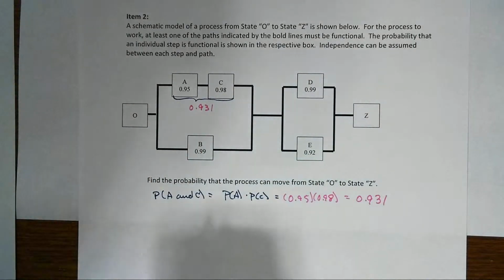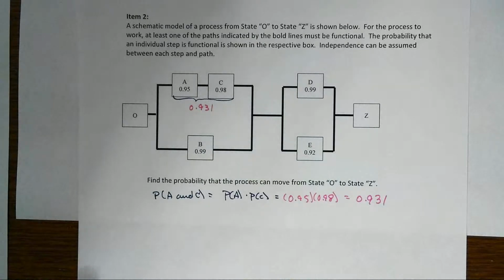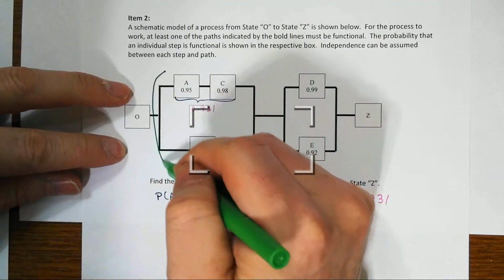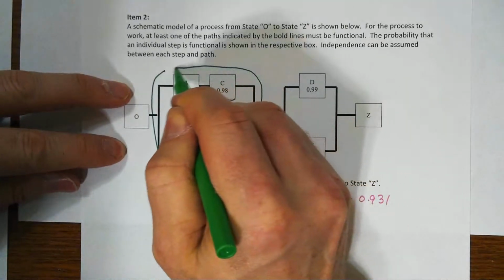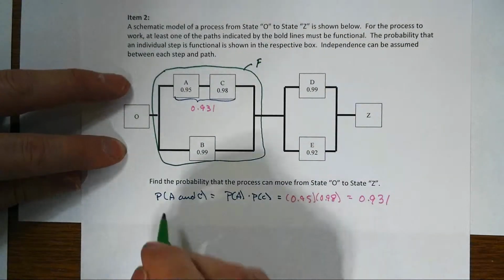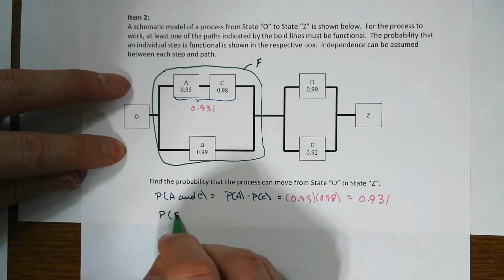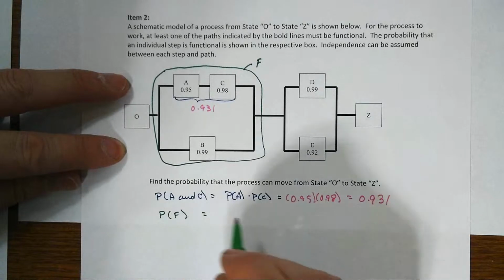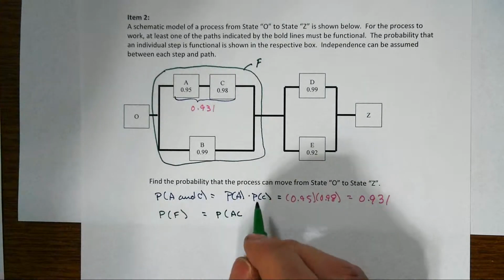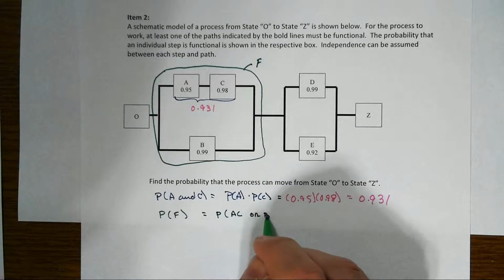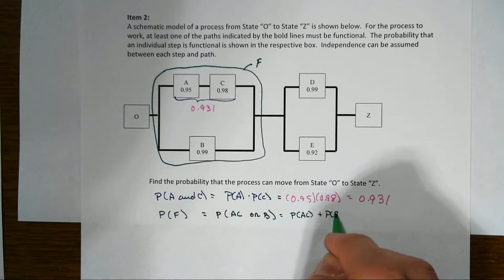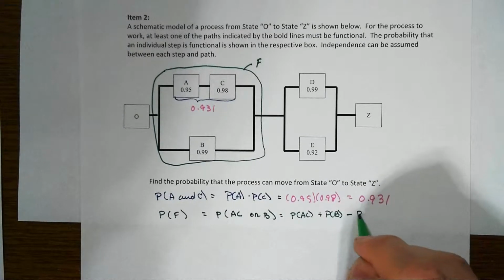Right, and then if we look at this entire system on that side, let's call that F. The probability that we are successful going through F is going to be the probability of that AC combination or B, and that's given to us by the probability of AC plus the probability of B minus the probability of the intersection.